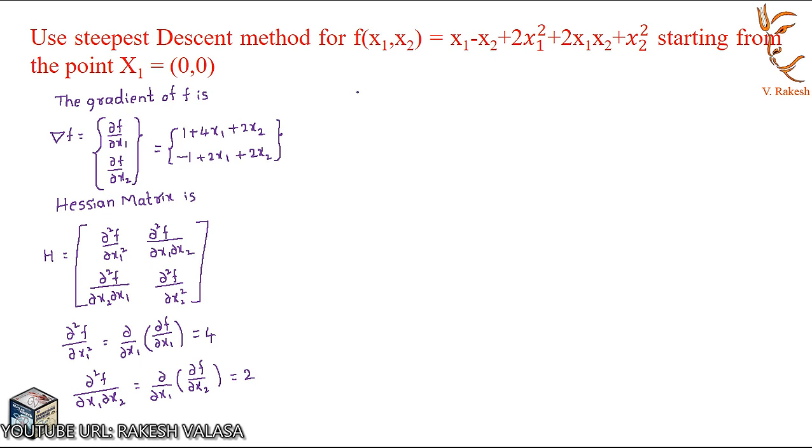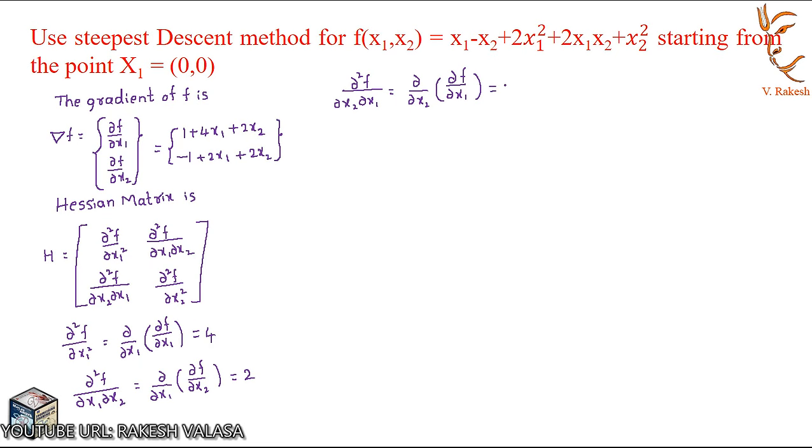Next term is dou square f by dou x2 dou x1. You can also write dou by dou x2 of dou f by dou x1. We know the value for dou f by dou x1, that is 1 plus 4x1 plus 2x2. Now again, partial derivative with respect to x2, that is 1 is 0, 4x1 is 0, 2x2 is 2. So 1 plus 0 plus 0 plus 2.